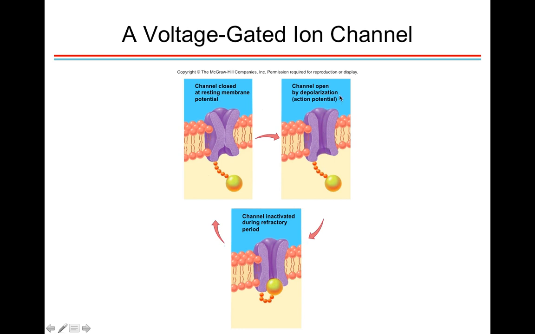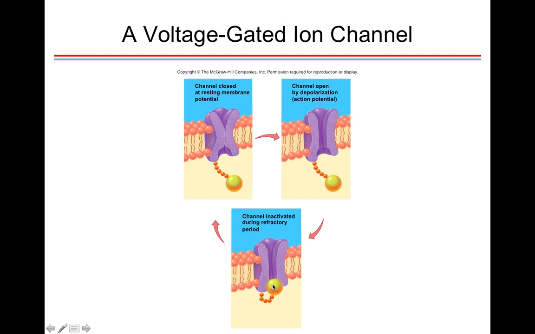After it opens, it allows the concentration gradient to move ions through the channel, and of course there's not one channel, there's like millions of channels in the cell. Then what happens is there's this little ball and chain that will plug the channel.